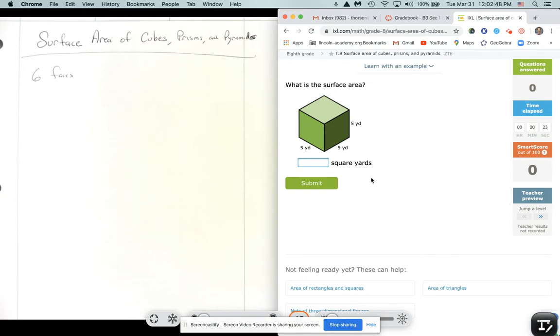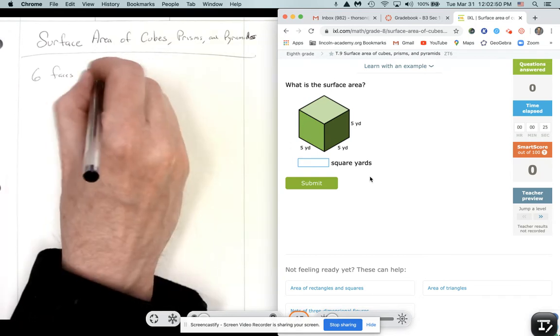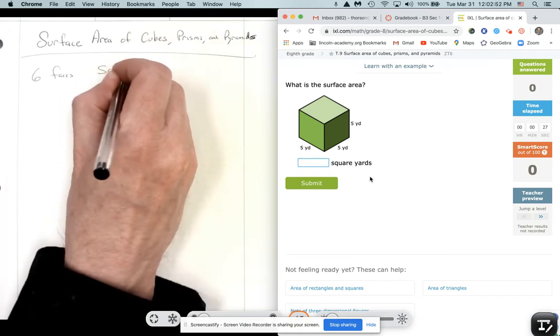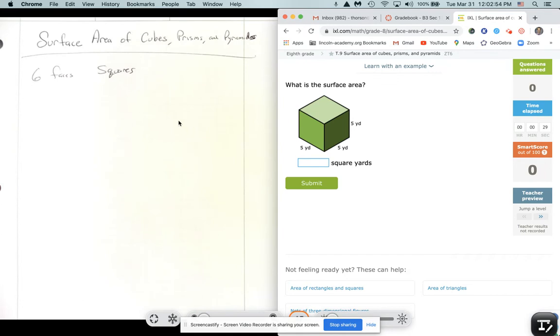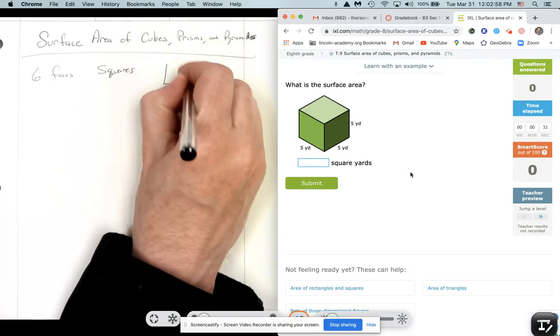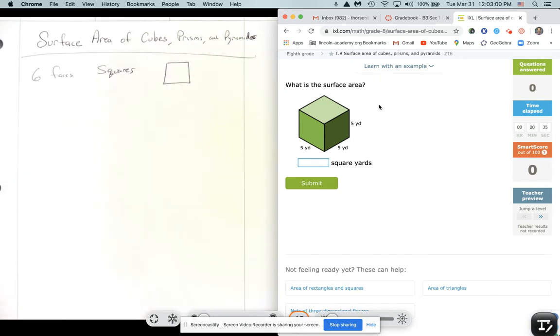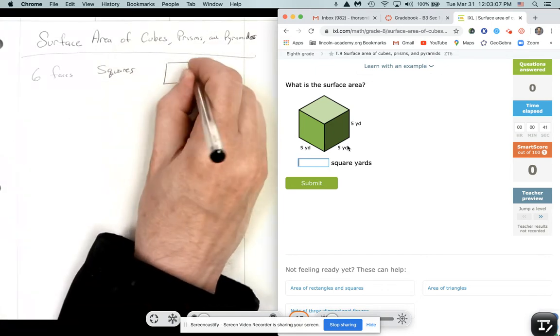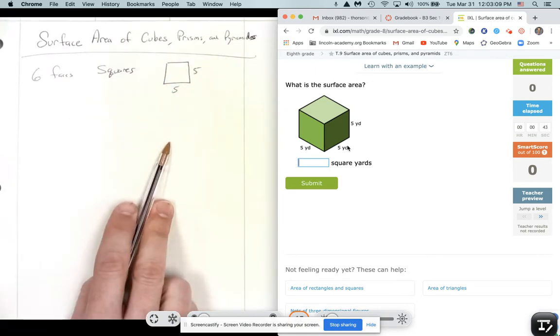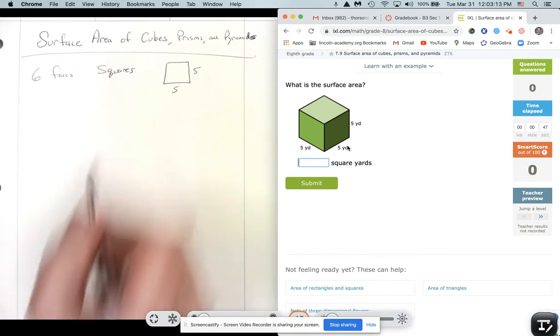Luckily, since it's a cube, all 6 faces are squares, and they're all squares of the exact same size. So I'm just going to draw a little square. I look at my figure and say my square's length and width are both 5. I'm going to find the area of one of the squares.